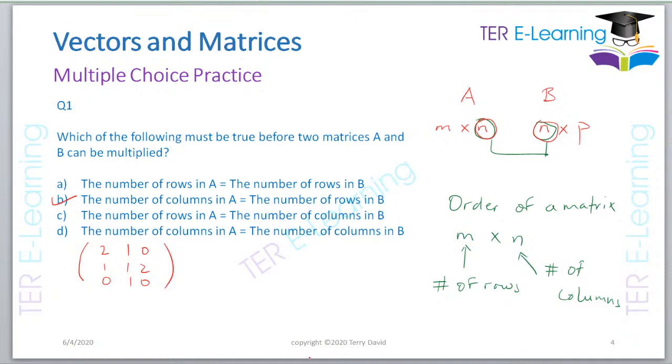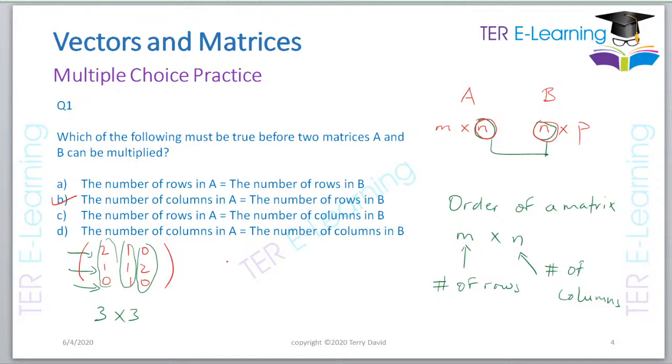So what kind of matrix does this represent? Tyrese is saying it's a 3 by 3 matrix. That is correct, because we have one row, two rows, three rows, so we write 3 by, and then we have 1, 2, 3 columns. So this is a 3 by 3 matrix.